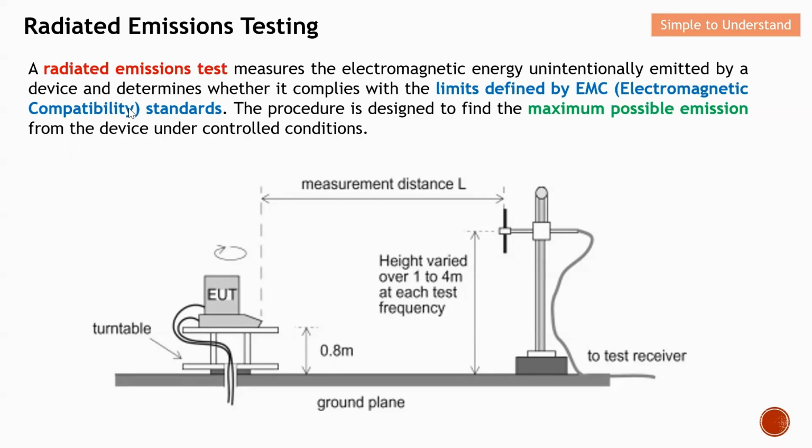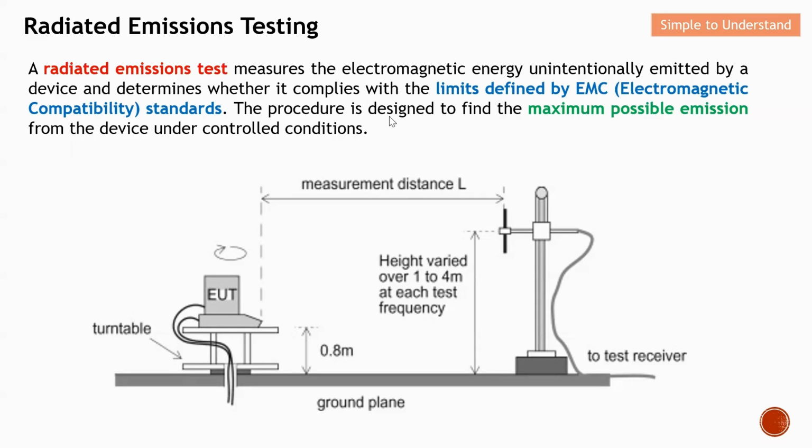Coming to the objective of radiated emission tests. In short, they measure the electromagnetic energy that is unintentionally emitted by your DUT, and determine whether it complies with the limit line defined by the EMC standard.